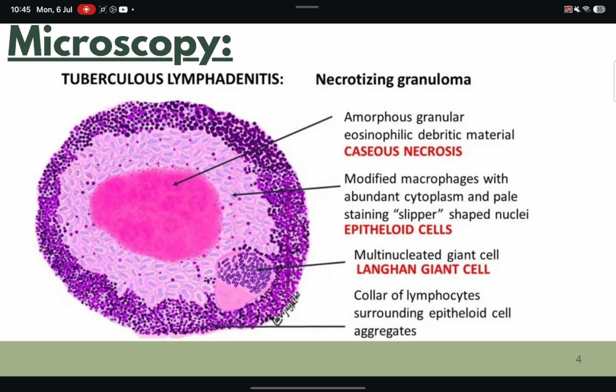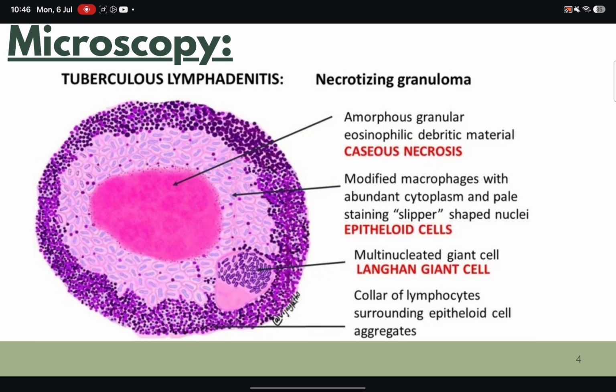Under the microscope, we look for the classical tuberculous granuloma containing a central zone of caseous necrosis, which is amorphous granular eosinophilic debris. Epithelioid cells surrounding the necrosis are modified macrophages, characterized by abundant cytoplasm and pale-staining slipper-shaped nuclei.